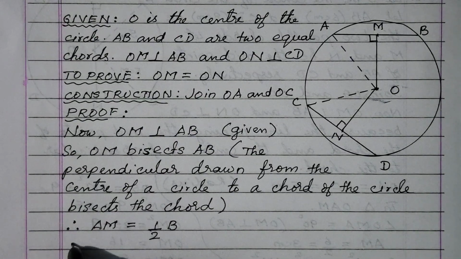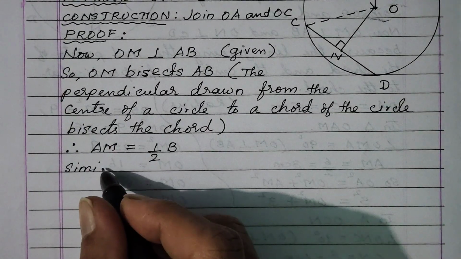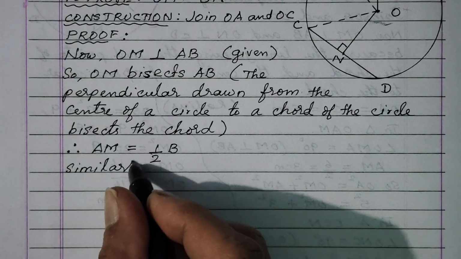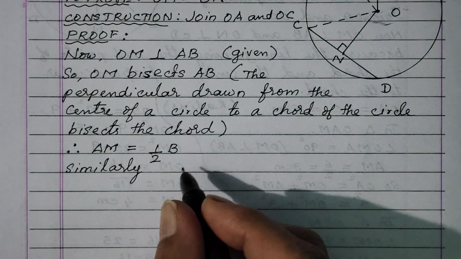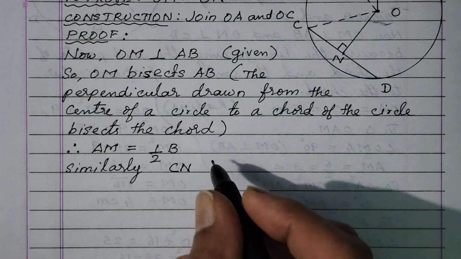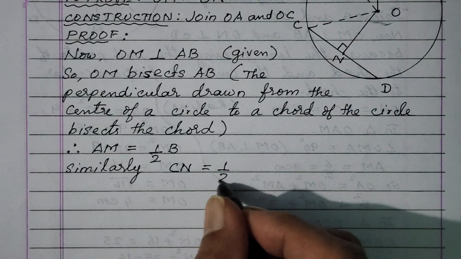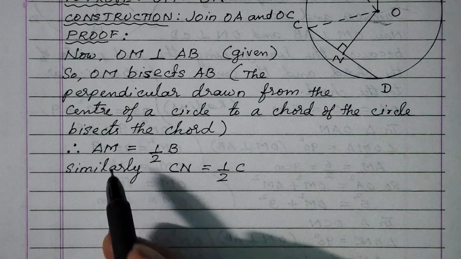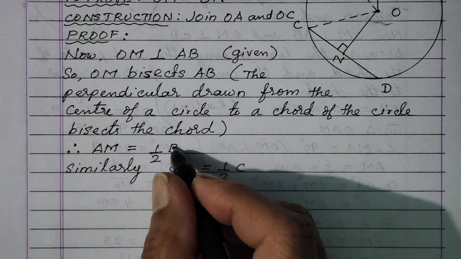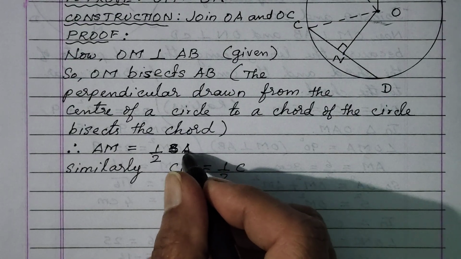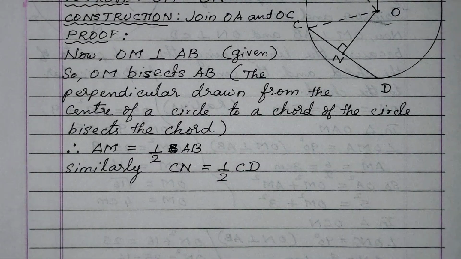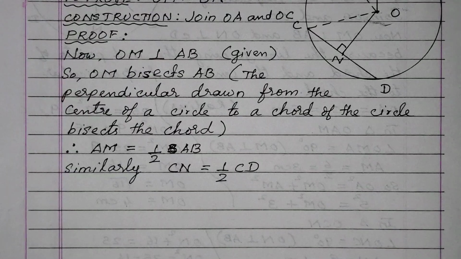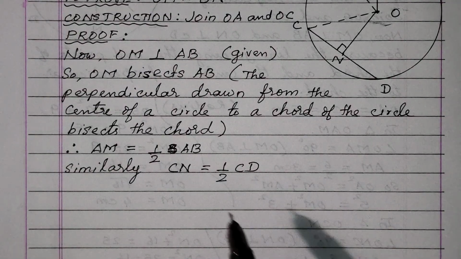Similarly, CN is equal to half of CD. So AM is half of AB and CN is half of CD.